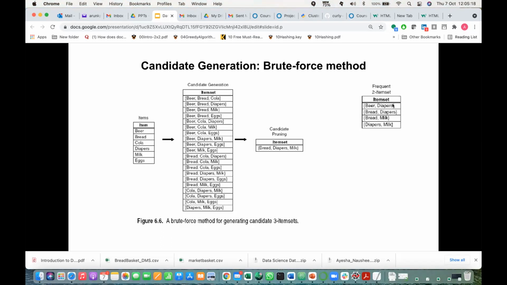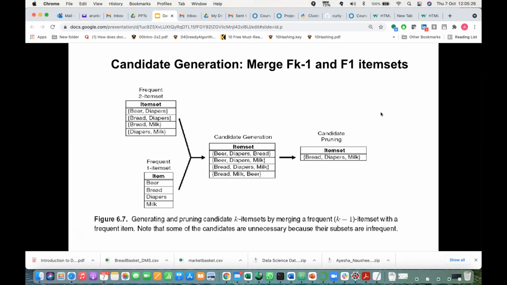You can extend each one with how many? These frequent item sets are only 2, so we will extend only those frequent item sets. We will take the frequent 2 item sets and the frequent 1 item sets. We will not join all possible things. Once we get the frequent 2 item sets and the frequent 1 item sets, only those combinations will be eligible to find the frequent 3 item sets.